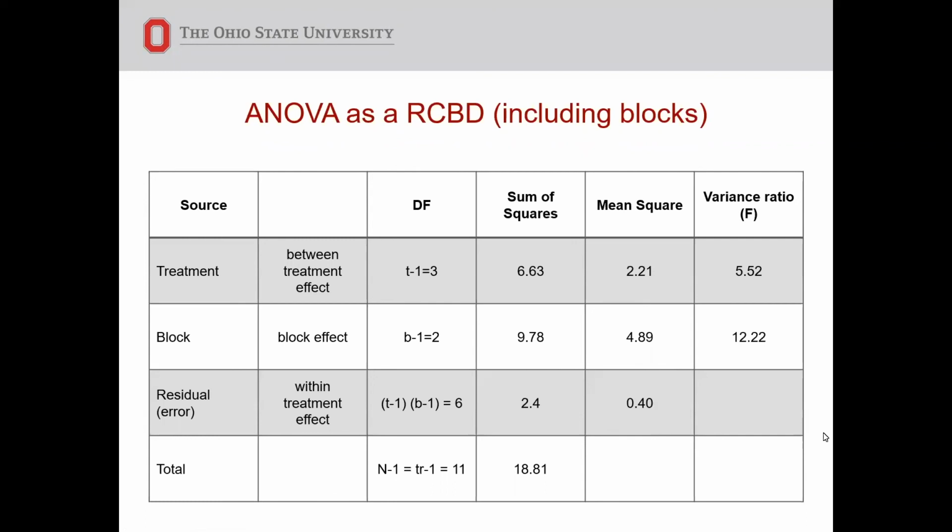Now, because we've been able to increase the experimental precision by removing the block effect, we do have a significant F ratio, and we can proceed with declaring that some of the experimental treatments will be different from each other. So in this particular case, we have a completely different conclusion when we include blocks in our ANOVA table compared to when we do not.